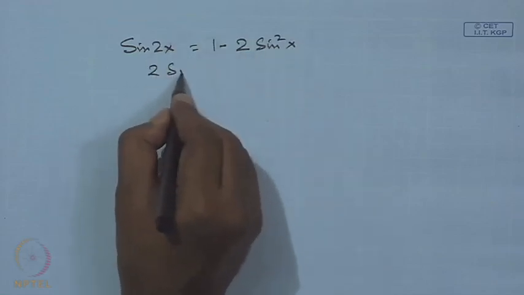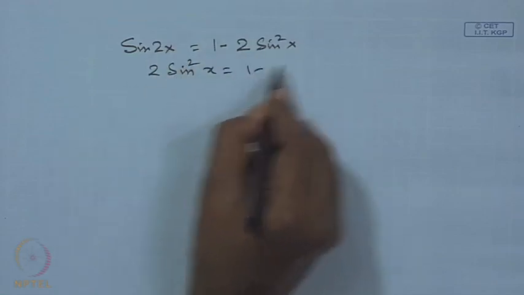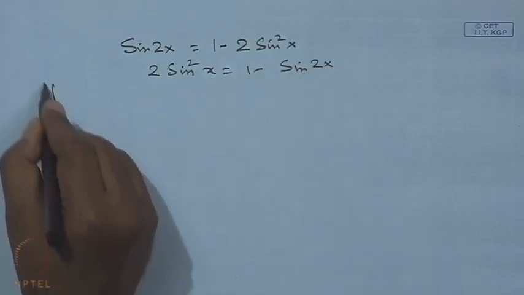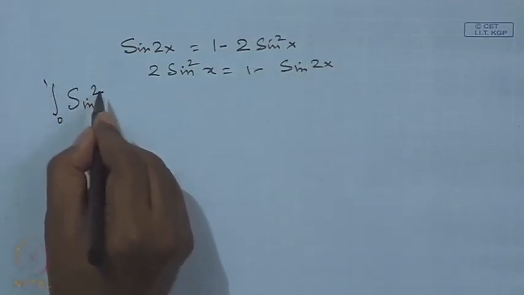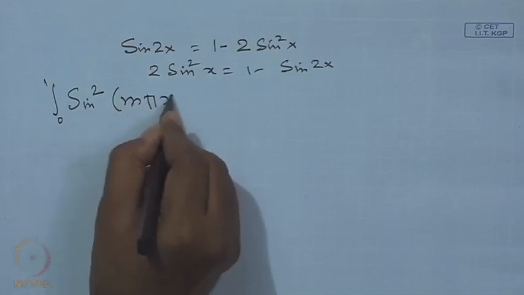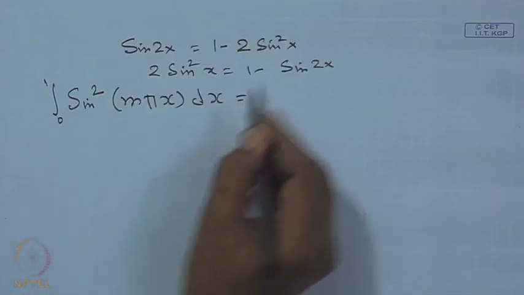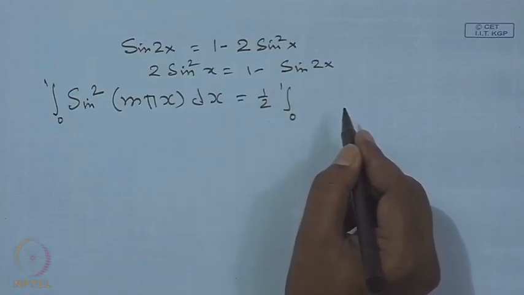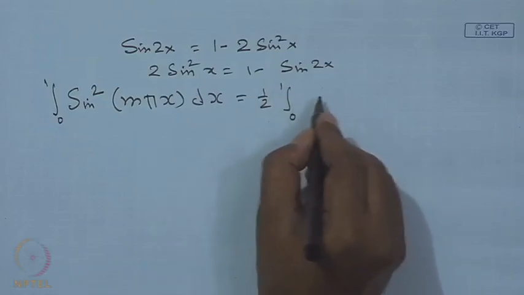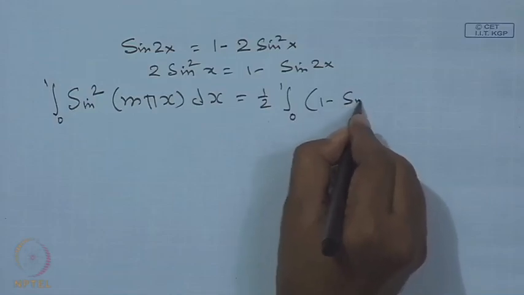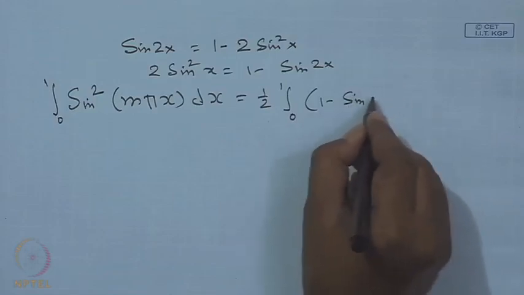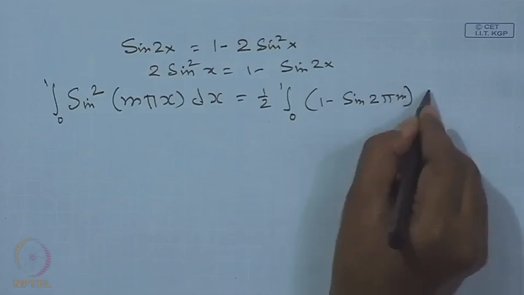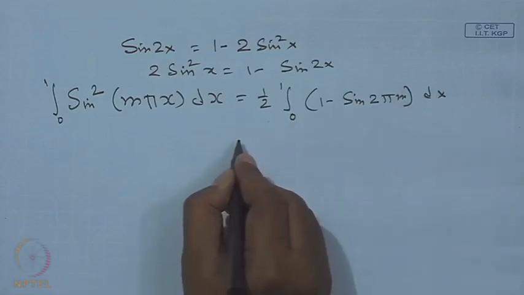So, 2 sin square x will be 1 minus cos 2 x, substitute there.